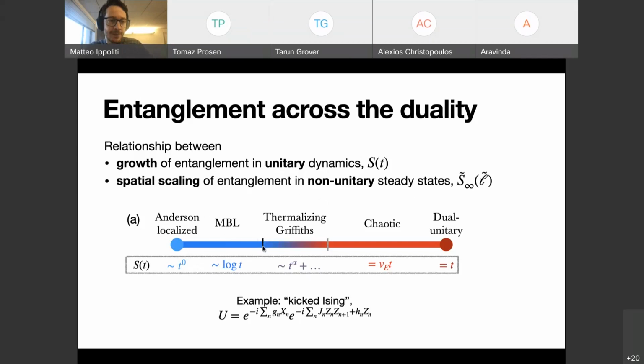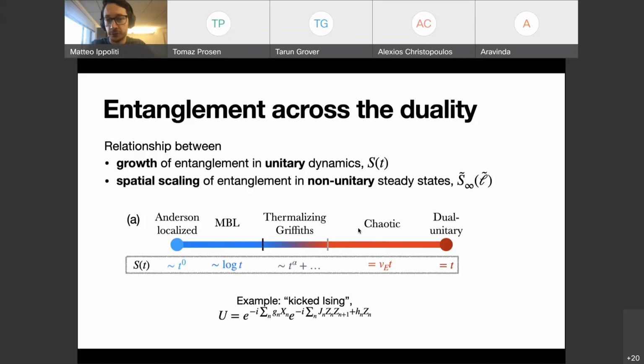And then at some point, we have an MBL to thermal transition where entanglement growth becomes algebraic. But at first, it's bottlenecked by strong disorder and rare regions. And so it doesn't immediately grow ballistically, but it grows with an exponent alpha that varies continuously between 0 and 1 as you move further into the ergodic phase. And eventually, you cross over into a chaotic phase where the growth is ballistic. And finally, you have these dual unitary models where it's not only ballistic, but also fixed to have maximum velocity.